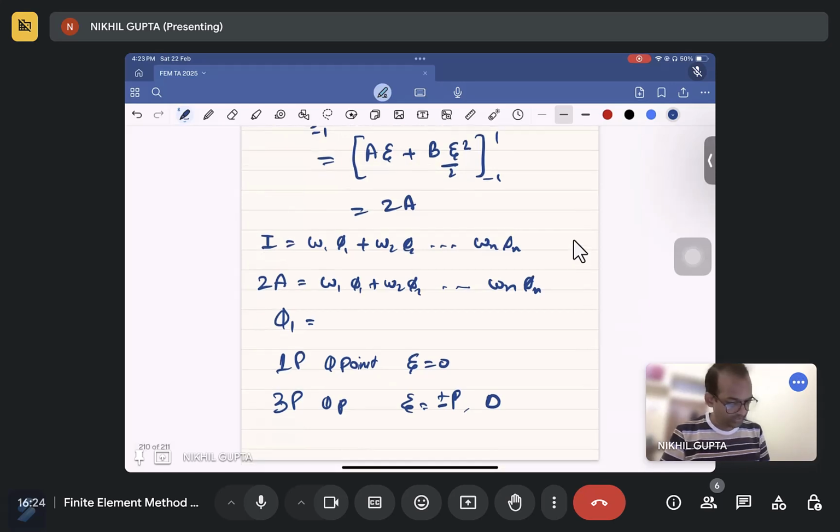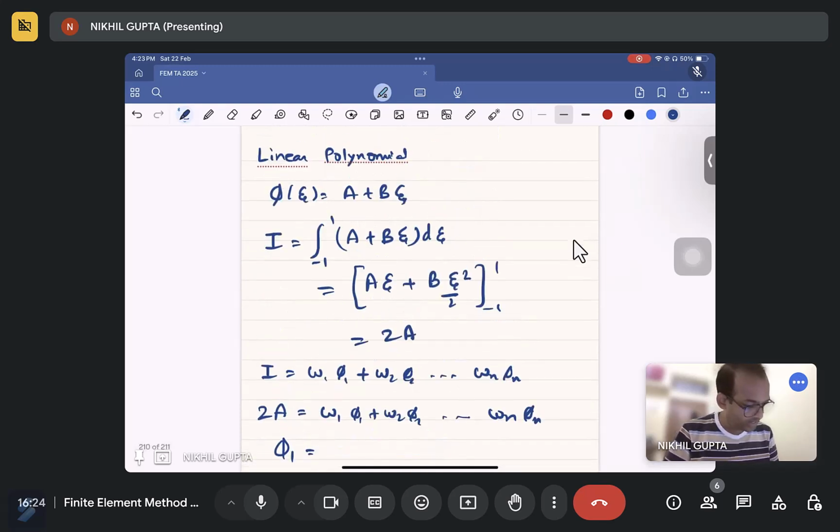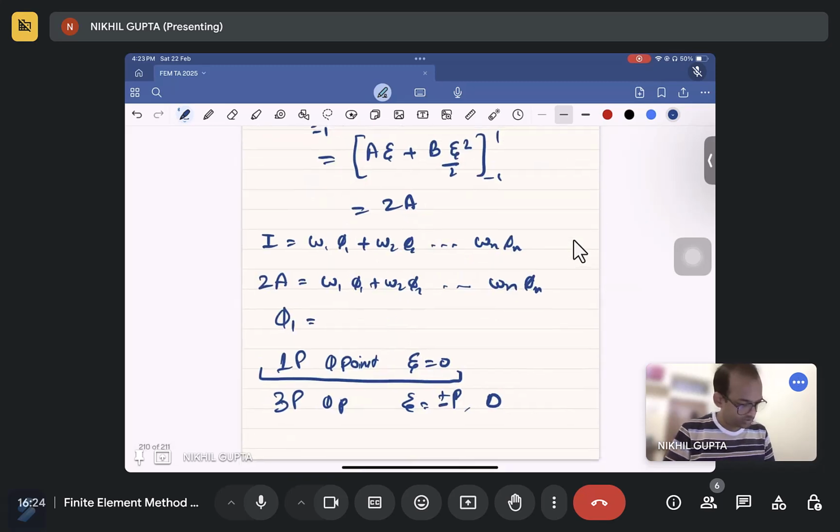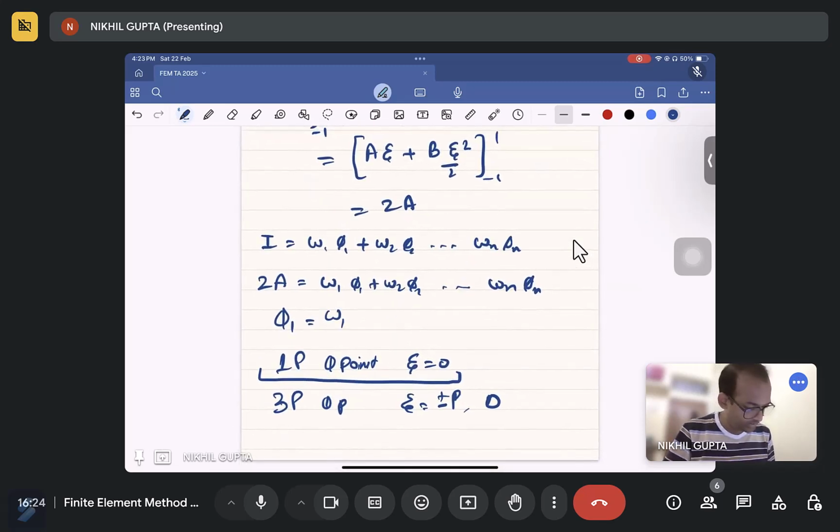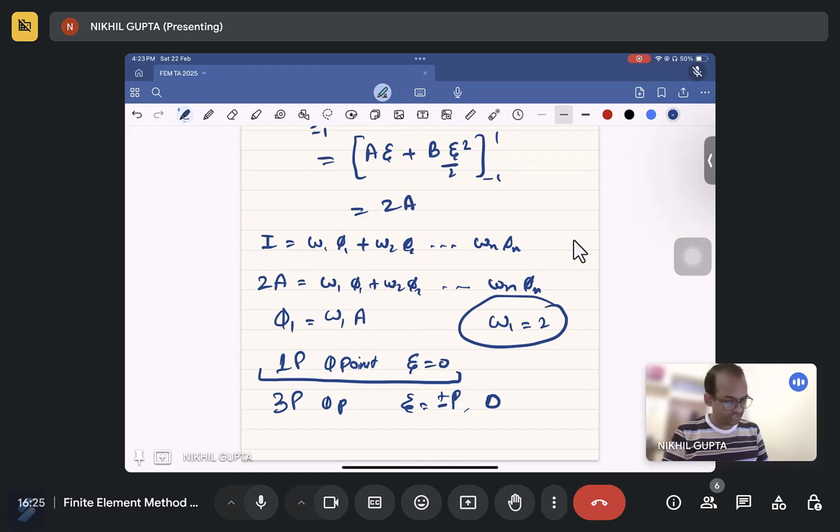Since you are using 1 point quadrature here, you put xi as 0 and you get a. So you will get w1 a as phi 1. When you compare this, you will get w1 is equal to 2. Did you get how I got w1 as 2? Yes, that I understood.